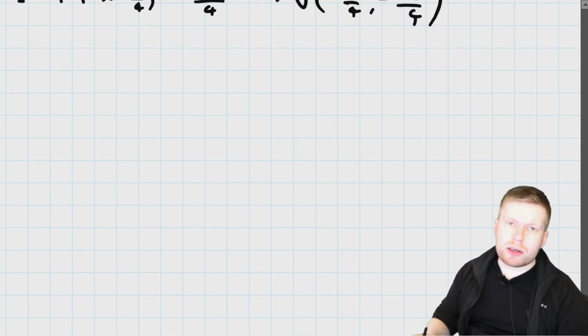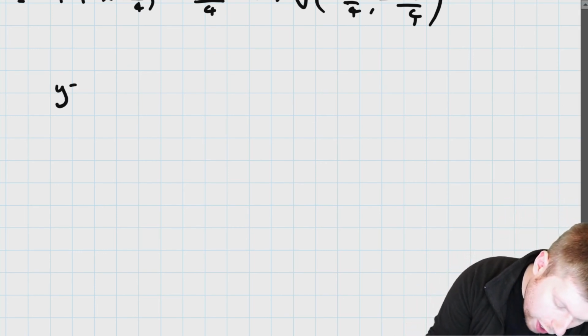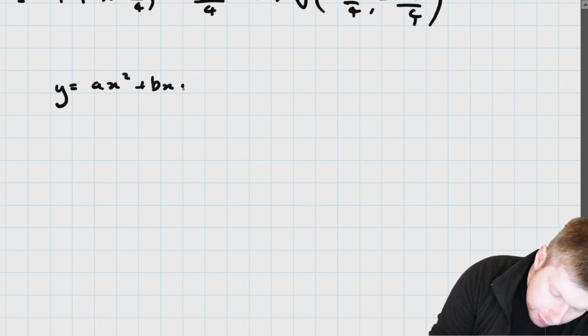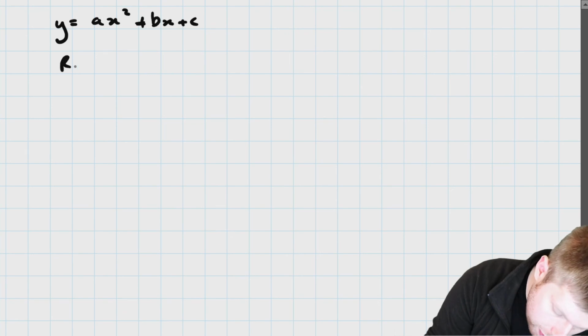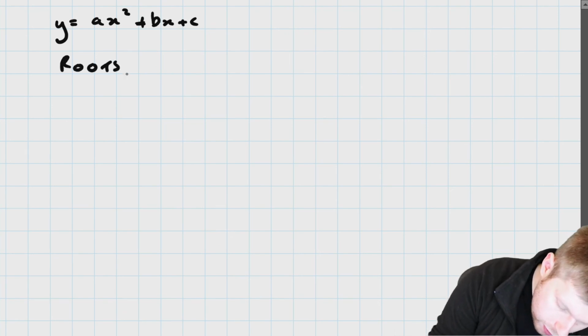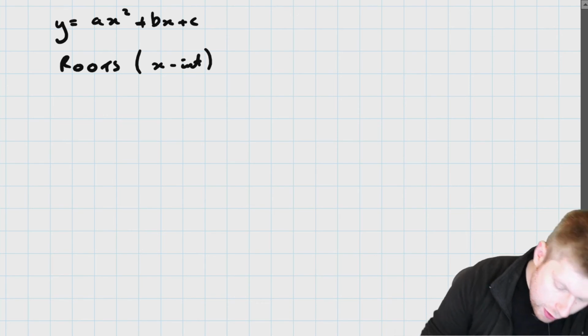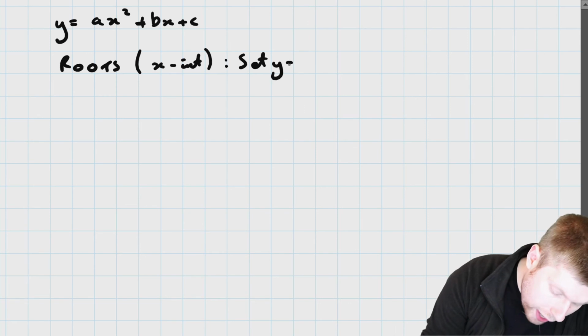So I'm going to just start off with a nice general quadratic. Okay, so I'm going to start off with y equals ax squared plus bx plus c. And let's suppose I want to find the roots. Okay, so remember the roots, another word for these are the x-intercepts. Okay, so to find the x-intercepts, I'm going to have to set y equal to 0.